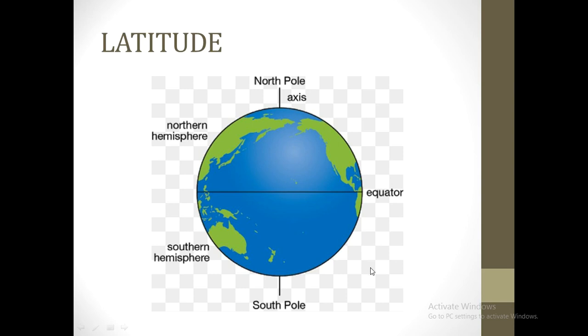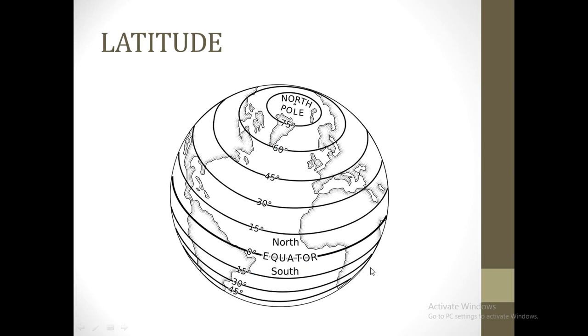There are 90 latitudes in each of the northern and southern hemispheres, so the total is 180 latitudes excluding the equator.